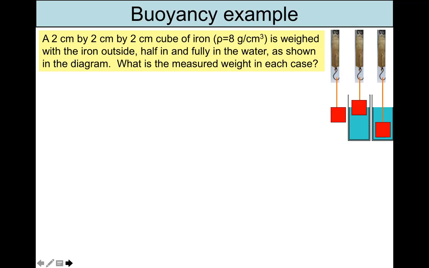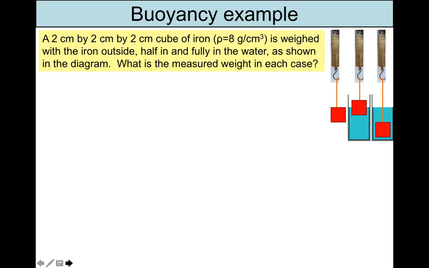But for the other two, we know that the measured weight will be less, because when you put it in liquid, either fully or partially, the liquid will provide a supporting force. Instead of the water, think about someone using their hand to support it a little bit upward, then you're going to measure a smaller number.